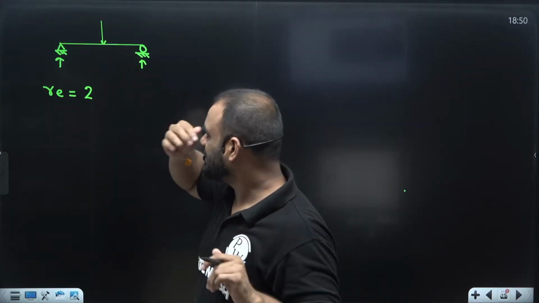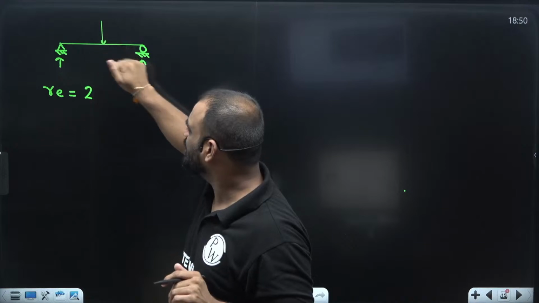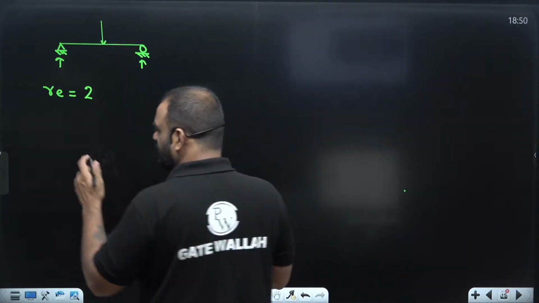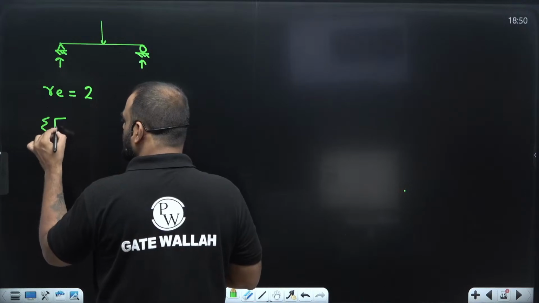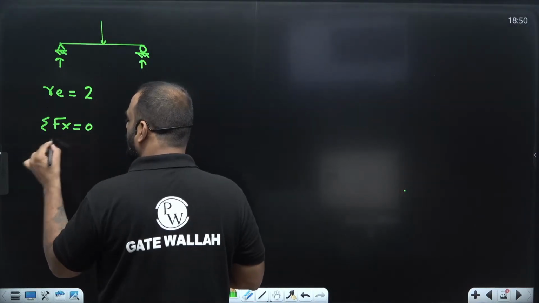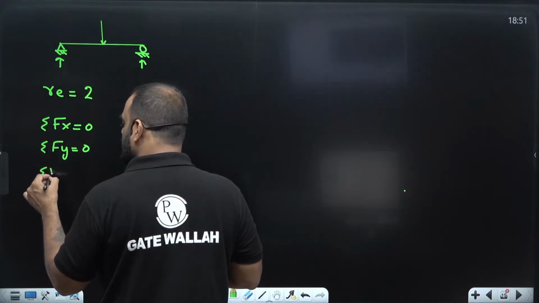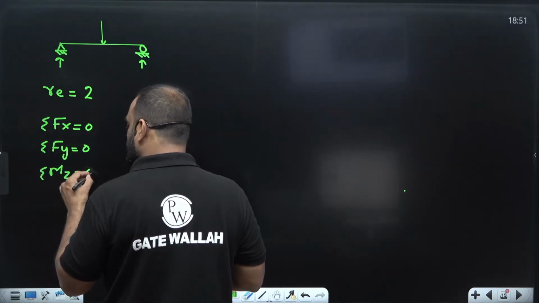Now tell me guys, if you see the action part and the reaction part, what you will observe. Basically in case of a 2D structure, we have three types of static equilibrium equations: summation Fx = 0, summation Fy = 0 and summation Mz = 0.